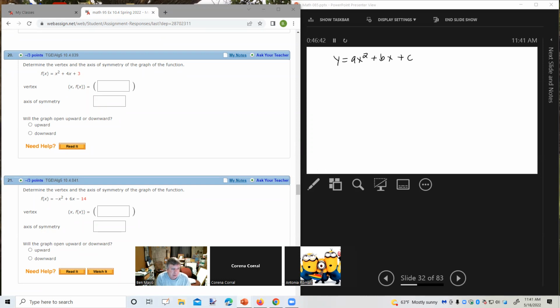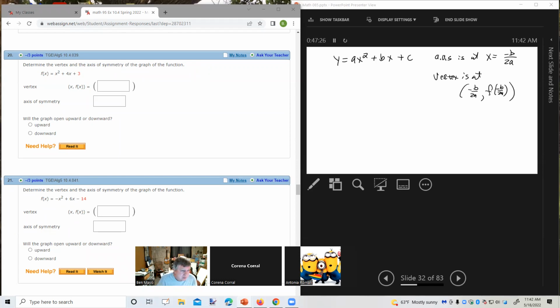If you have a second degree equation in this form, the axis of symmetry is at x equals negative b over 2a. So it's not x equals h. That's if it's in the other form. So the axis of symmetry is x equals negative b over 2a, and the vertex is at negative b over 2a. Recall that the x value of the vertex is the same value that you use for the axis of symmetry. And then the corresponding y value, so f of negative b over 2a.